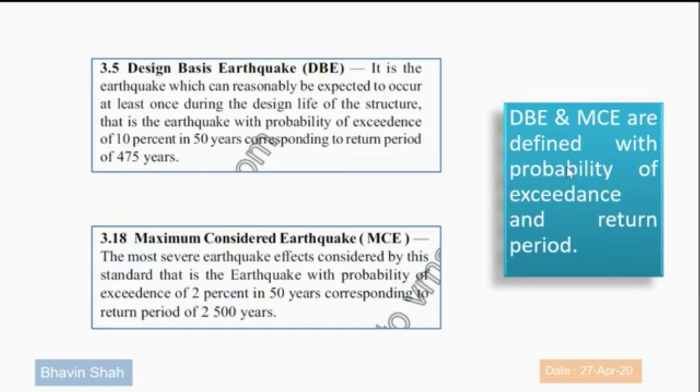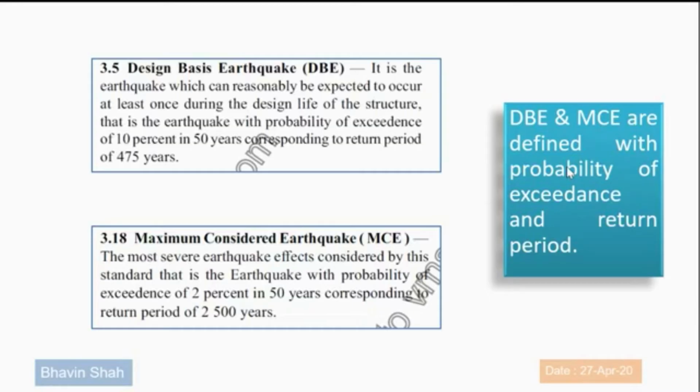Okay, so this was a brief about IS 800. Now let's move to IS 1893 Part 4, which was revised in 2015, and it is specifically for industrial structures. What we see on the screen is that the DBE and MCE concept is still there in this code.